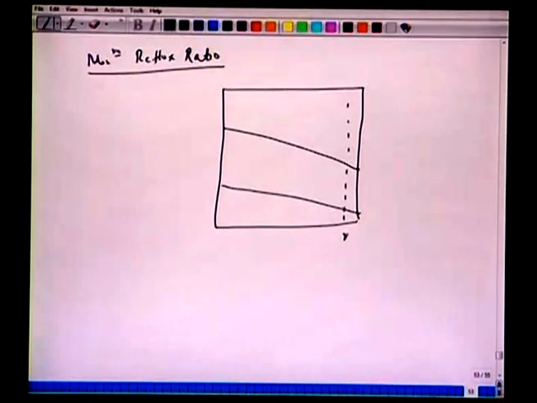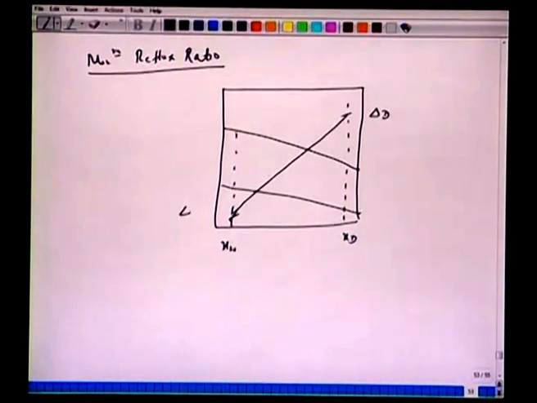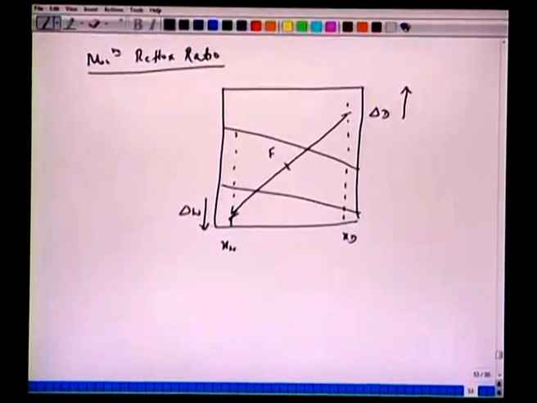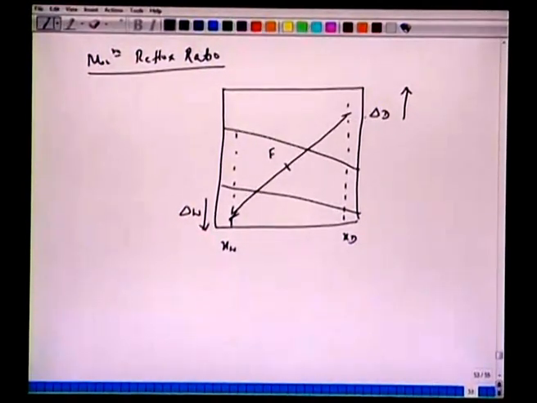We have this xD and here we have this xw. Now, we are connecting the 2 points del D and del W through this, passing through this F. So, the first case was when we increase the reflux ratio, this point goes up. Now, what happens if you decrease the reflux ratio? Now this line will go like this and this del W point will move upward.